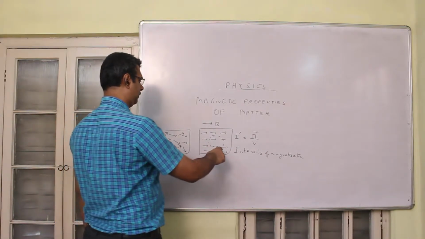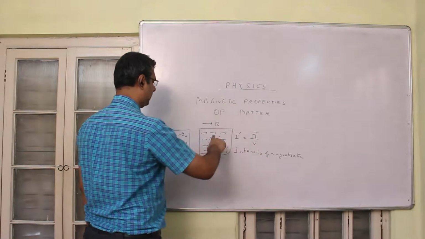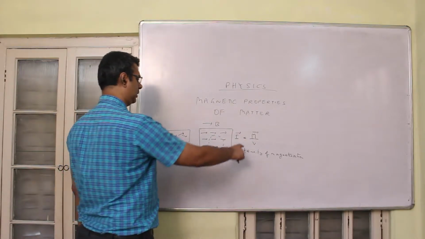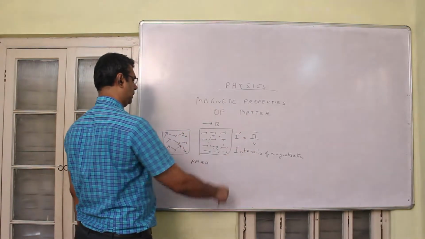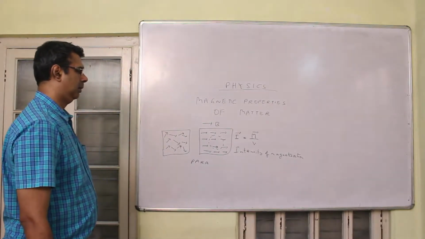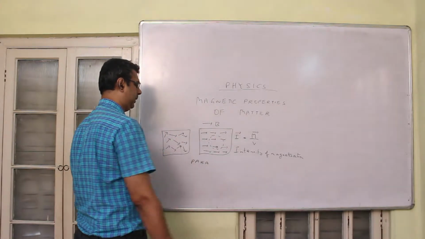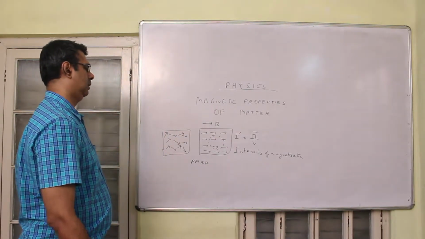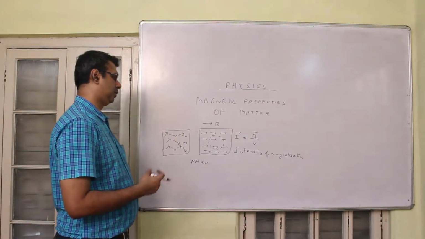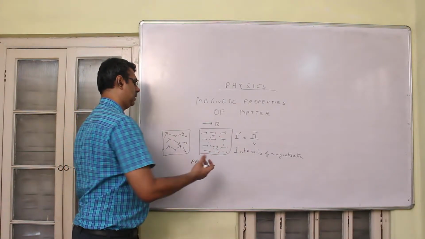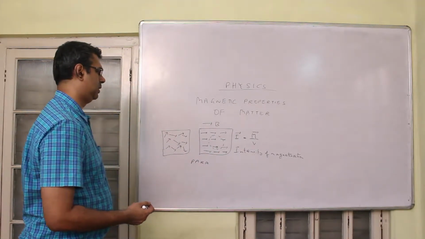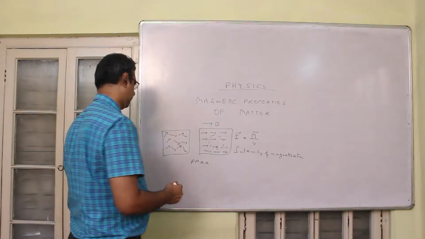And at that point of time, the magnetic moment per unit volume is known as intensity of magnetization. So if capital I is very high, that means this substance is strongly magnetic. If capital I is low, that means the substance is weakly magnetic.